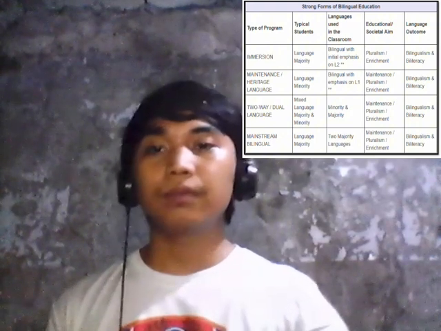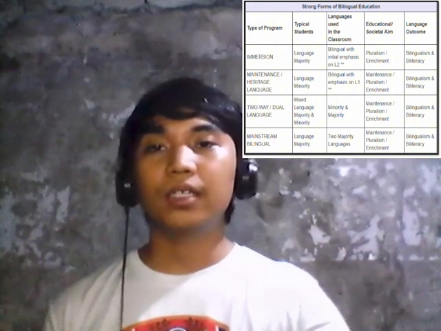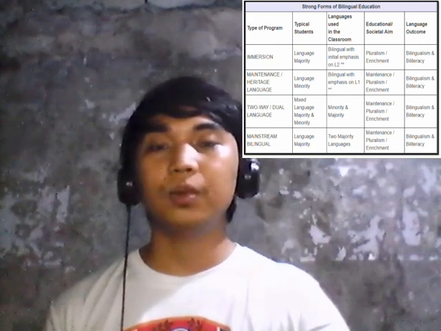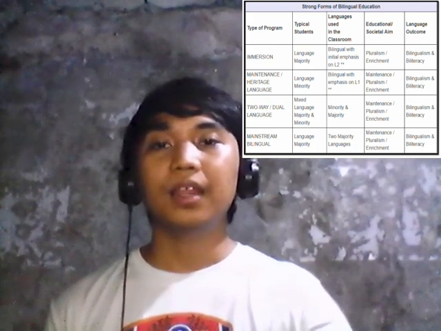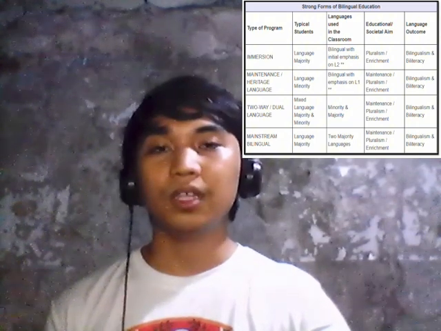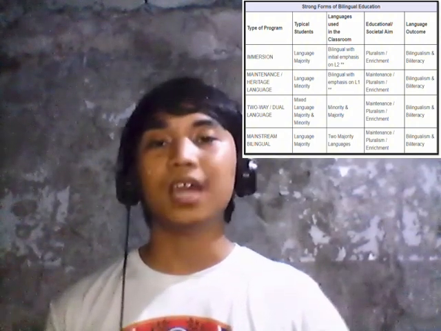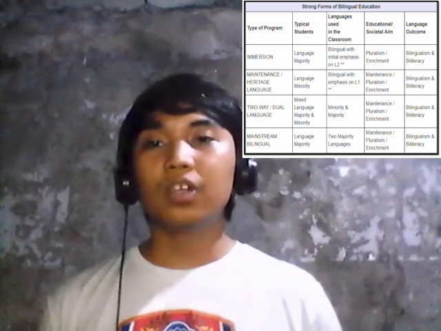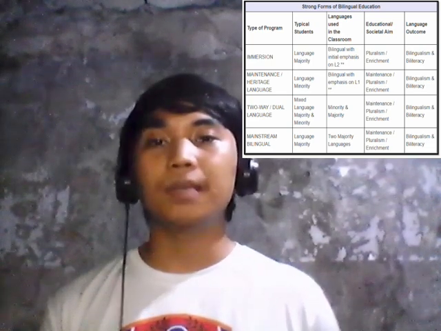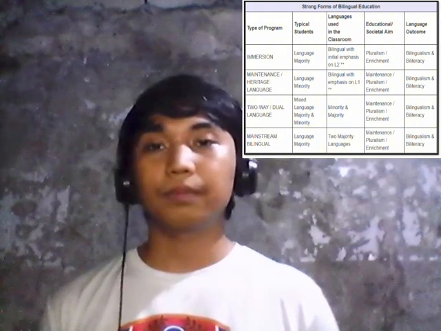Number three, two-way or dual language. Typical students: mixed language, majority or minority. Languages used in the classroom: minority and majority. Educational or societal aim: maintenance, pluralism, enrichment.